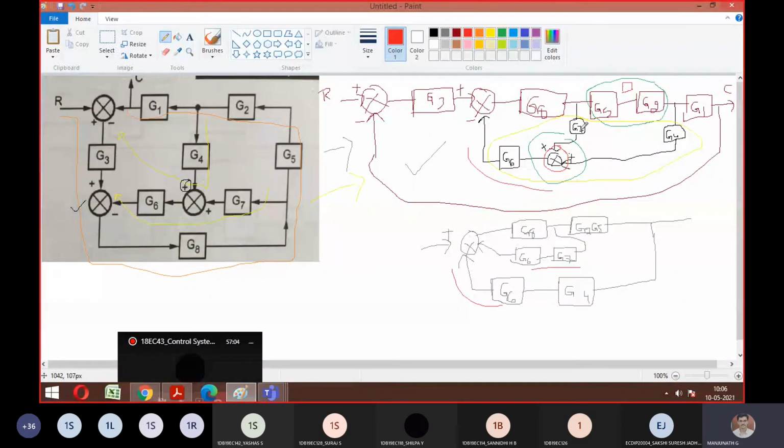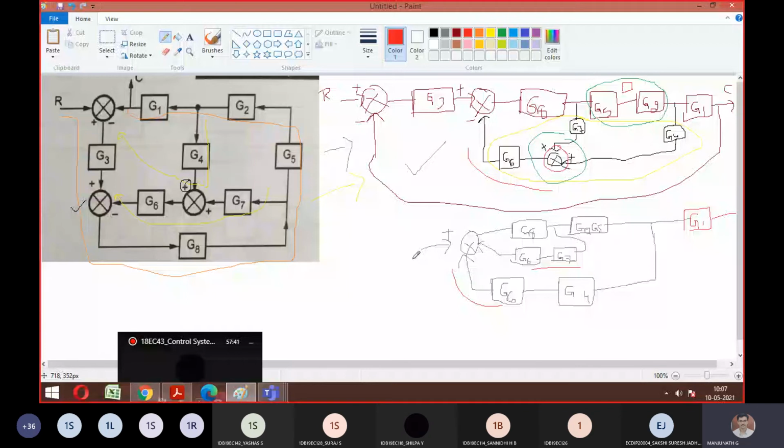The remaining connections are as they are. I have not done anything else. So G8 only, G2 and G5 only, and here you can find G1. This is G1 and this is your output part. Here you have one more summing point. Before that you have G3, right? So you have G3 here, and before that there is one more summing point.